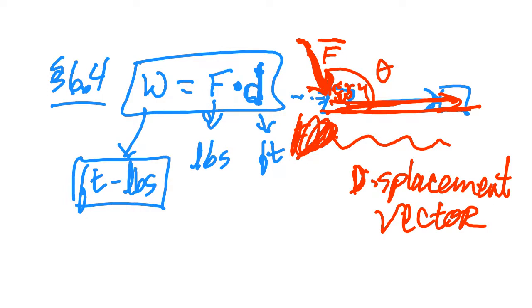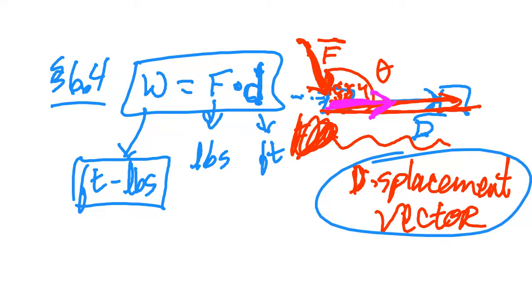So really we're going to want the scalar projection of F onto D, where D was the displacement vector. We'll call that D vector. Like I said, that should have been blue, because this was a blue vector here.